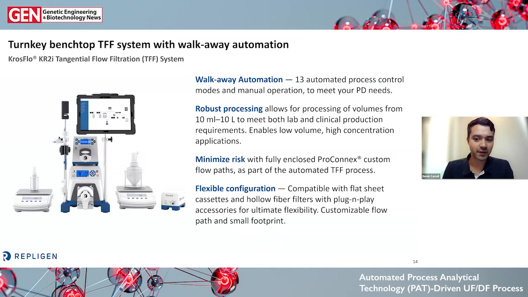It minimizes risk with fully enclosed ProConnex custom flow paths. These can include Repligen hollow fiber filters or flat sheet cassettes. And it's also a flexible configuration. Depending on what kinds of accessories and sensors you might want to use, it is a plug and play platform for flexibility for whatever process you may be running.